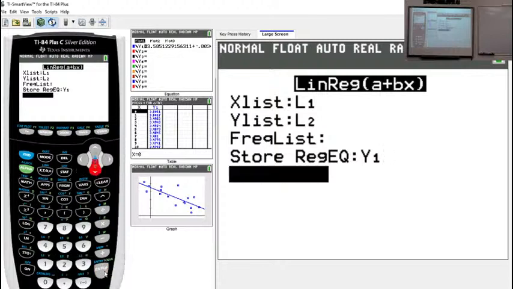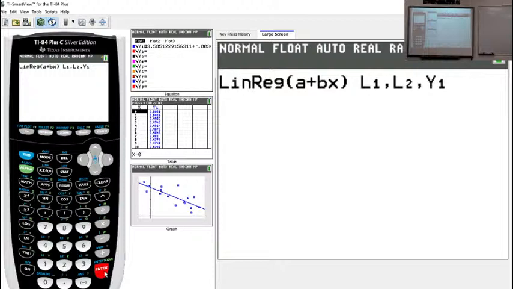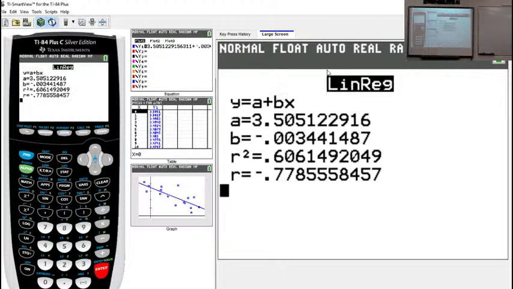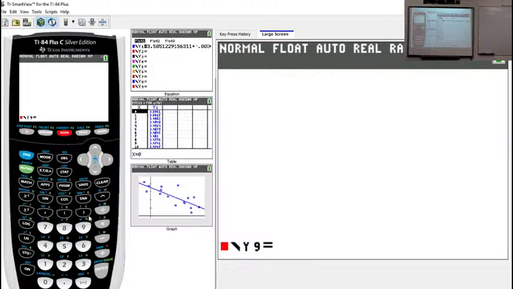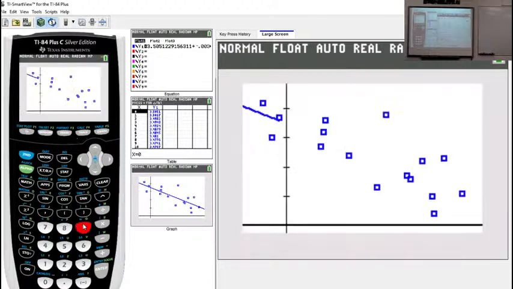And then calculate. It'll tell you what the equation is. If you go into Y1, there's R and R squared. You should remember what those mean. And if I go over into Y1, there's the equation. If I go zoom 9, there's the line.